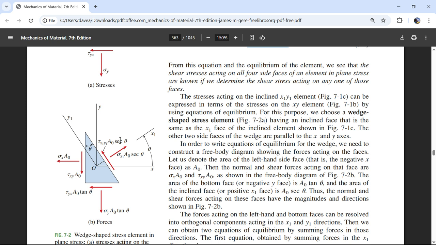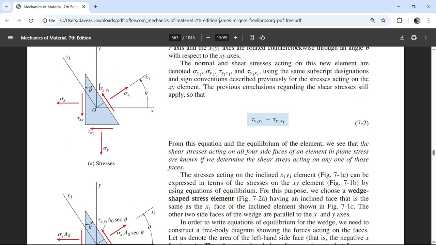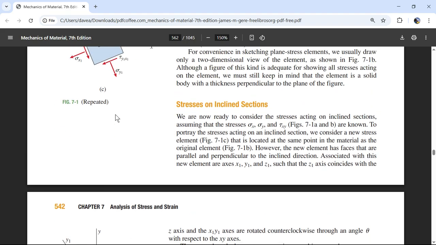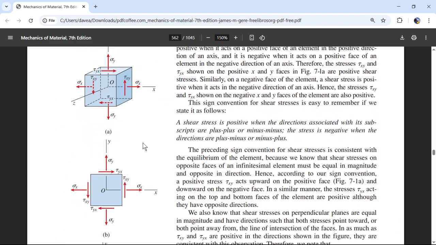But visually, if I'm reading this, I'm saying A naught divided by cosine theta. That's what secant is, and that really shows that this length divided by that smaller number gives me the hypotenuse.